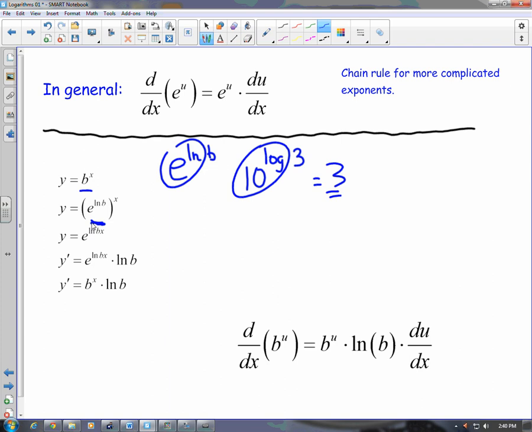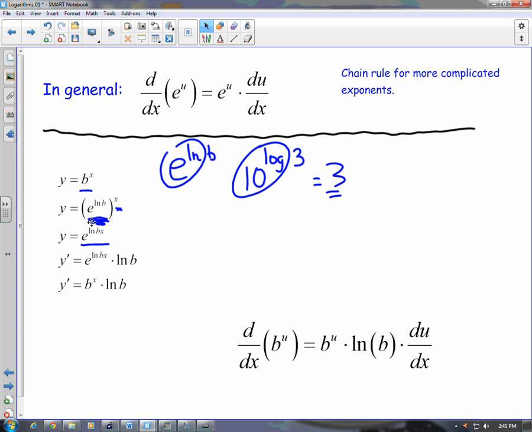Now this is a power to a power, and what do you do with those exponents? You multiply the exponents. So the next line is e to the natural log of b times x.